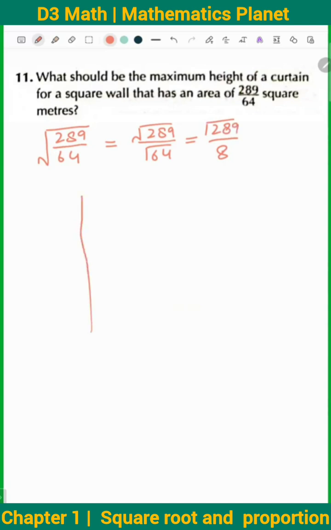Now I'm giving you 2 minutes and you will do it yourself for 289. 17. Have you done it with the long square root form? Yes, long square root form. Try to do it with the long square root form.